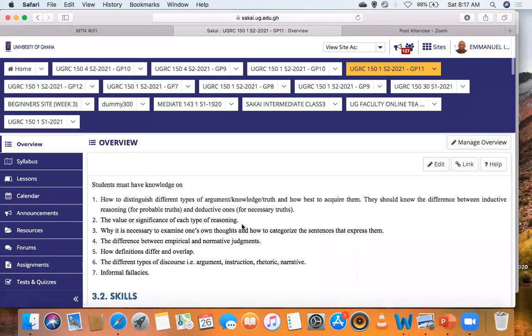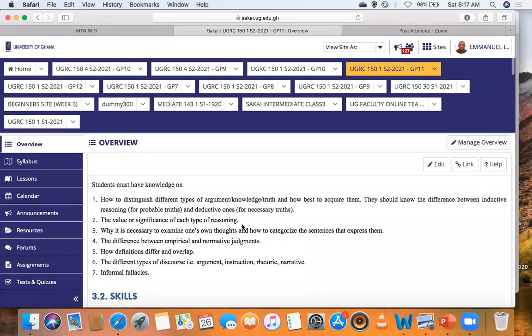So for that reason, language is necessary for reasoning. So if language has such importance, it means that before we begin to reason, we need to examine the language tools we use for reasoning.